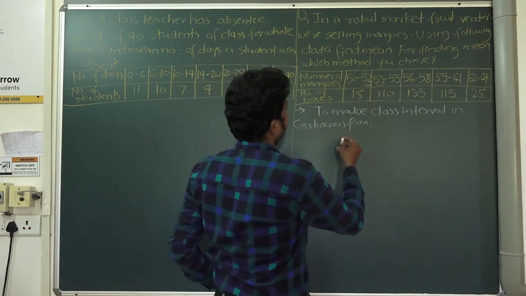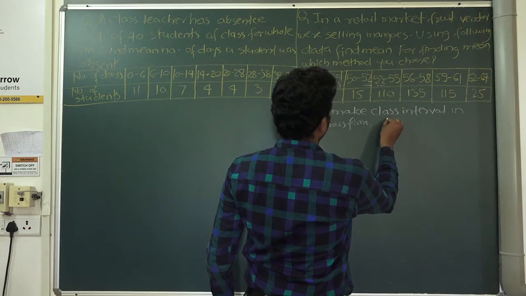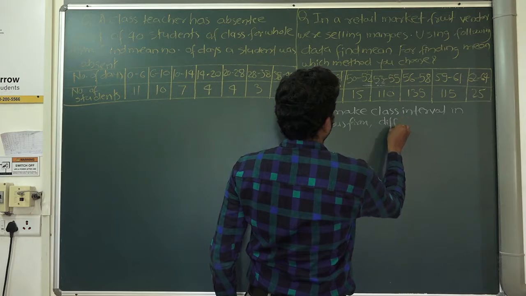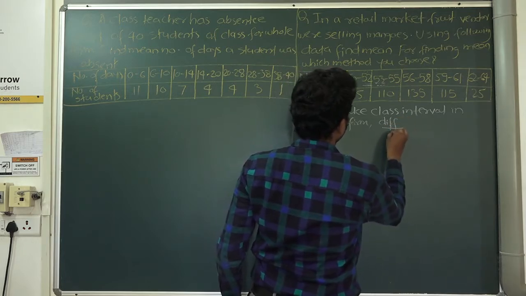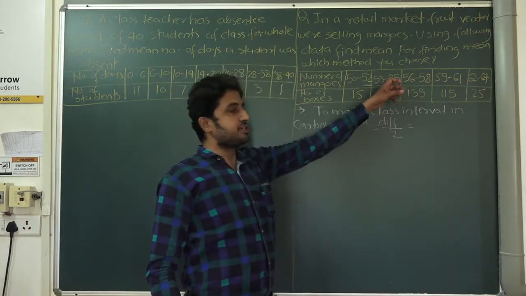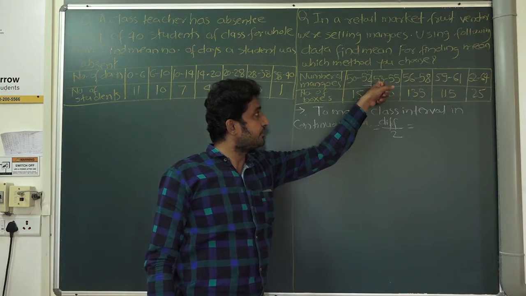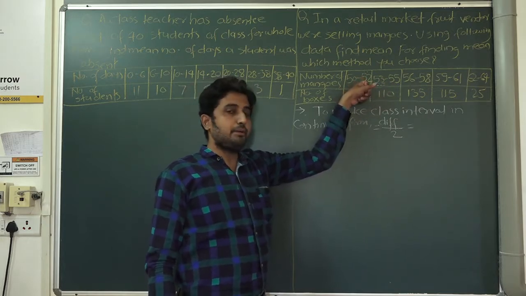Here we divide it by 2. The difference divided by 2. Which difference? Lower limit of the higher class minus upper limit of the previous class.